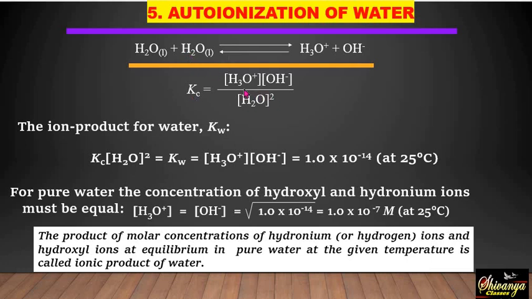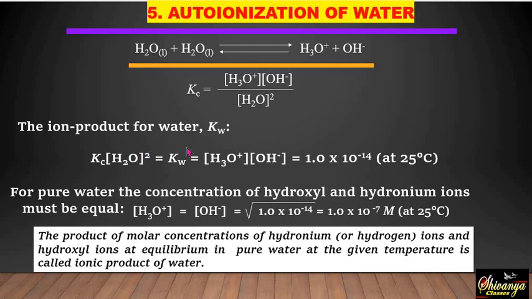This concentration of H2O square is in the denominator. When it goes to the other side, it is multiplied, so Kc times H2O square is the ionic product of water, that is Kw. So Kc times H2O square is equal to Kw, which is equal to H3O+ times OH-, and the value is 1 into 10 raised to minus 14.